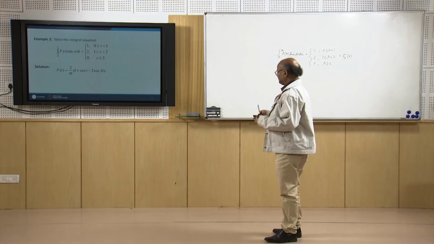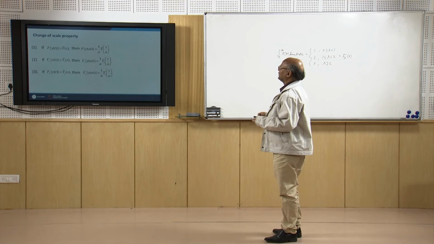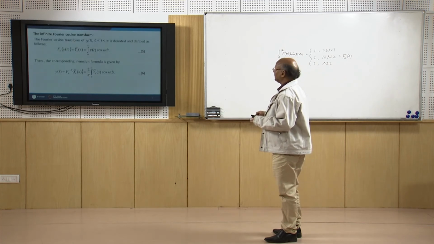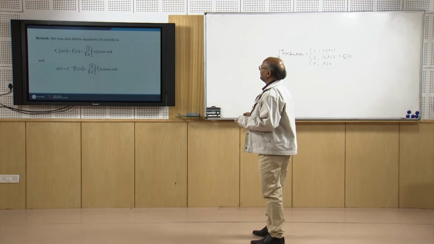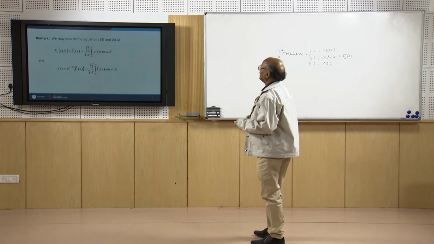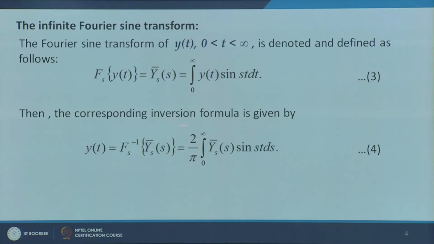Now let us go back to the inversion formula for the Fourier sine transform. Here we have the integral from 0 to infinity of ψ(t) sin(st) dt as ψ̄(s), and the integral from 0 to infinity of f(t) sin(st) ds.